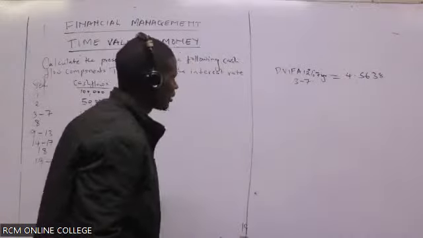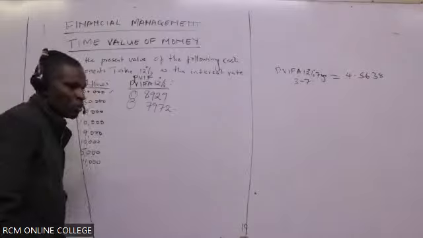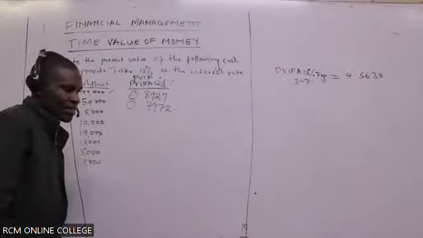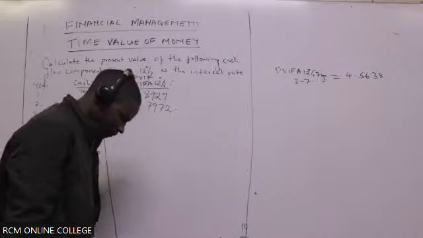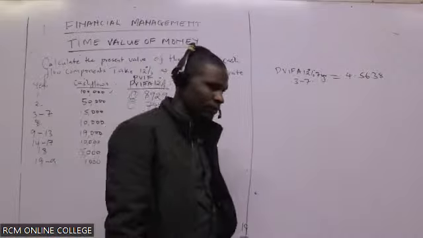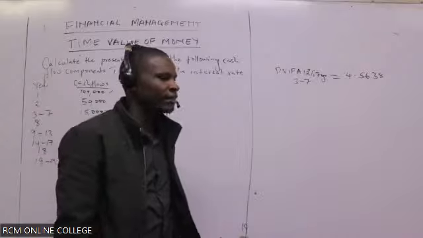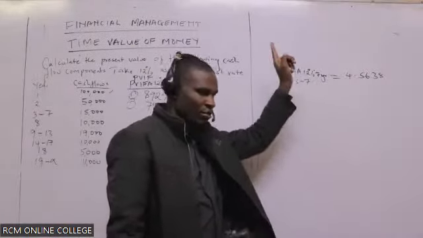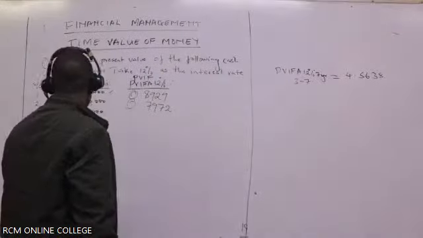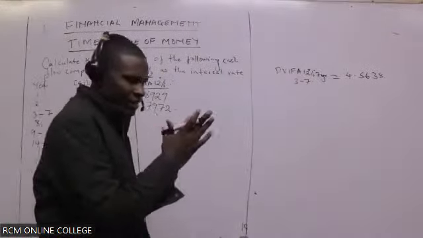Use a table, use a calculator, please. I want that to be the correct answer, tafadhali. Jane confirms that PVFA 12% 7 years. Umeona nimechukua nini? Wamechukua 7 years.